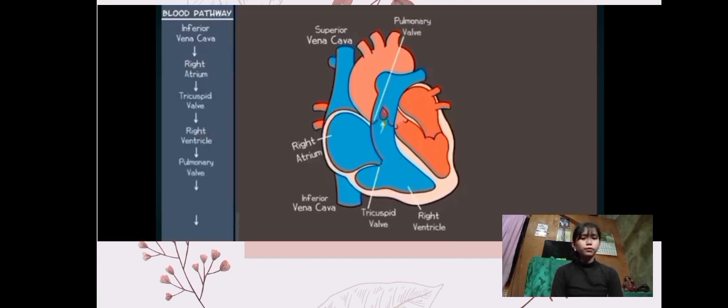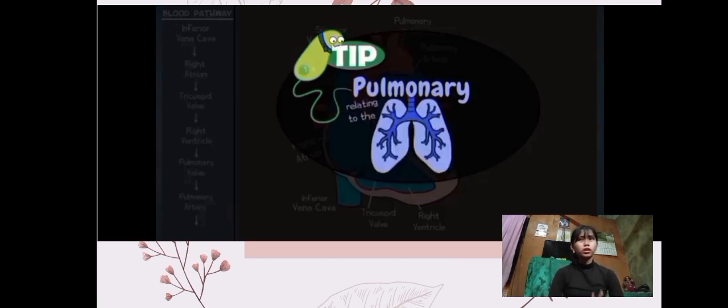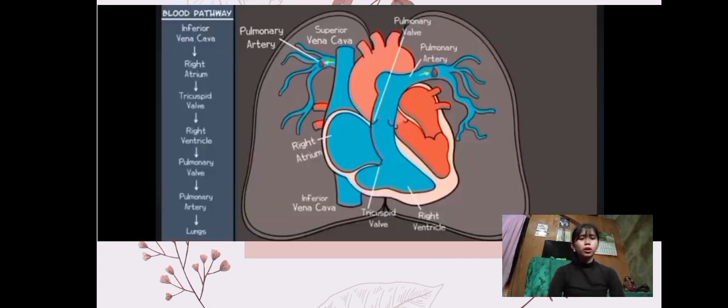The right ventricle contracts, pumping the blood to the pulmonary valve, to the pulmonary artery. By the way, when we say pulmonary, it likely involves the lungs. So the pulmonary artery takes the blood to the lungs.